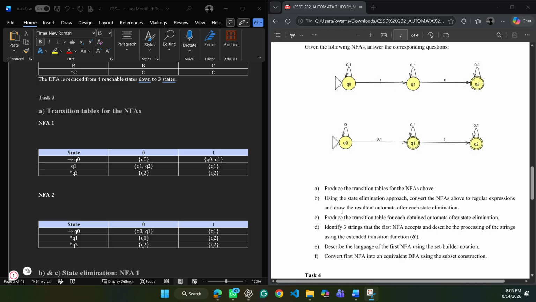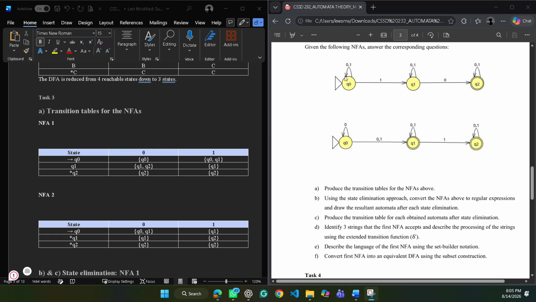Now the question is clearly telling us to produce the transition tables, so let's provide a transition table. When you're at Q0 and you receive an input of 0, where do you go? You still maintain your position, because it's a self loop. Let's just do the 0 for the meantime. You receive an input of 0, where do you go?